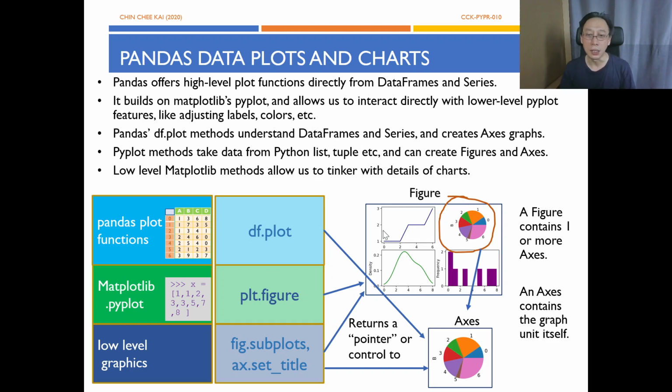So if you on the screen see only one chart, the figure is actually also invisibly containing it. There is one figure, and it happens that you only have 1 axis in it.